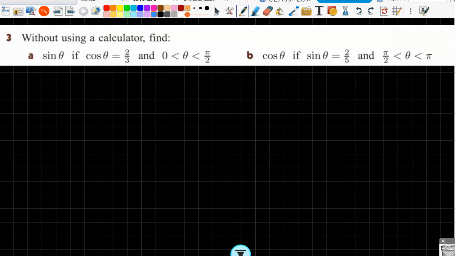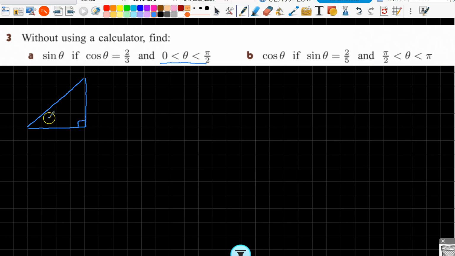Okay, so question 3, basically exactly the same thing that we were doing before, but now they're giving you the specific quadrant that you have to look at. So if you had trouble with question 2, it's pretty much the same as this, because now we've got cos theta.